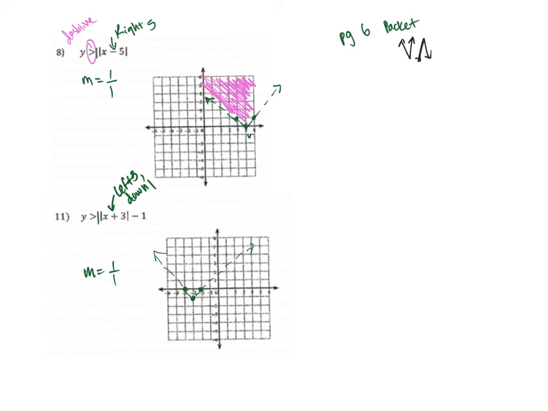And then, okay, so this inequality didn't have an equal sign, so that's why we made a dash line. And it says y is greater than this function. So if it's greater, I'm going to be shading above as well. Shading above this absolute value line because I want positive y values if it's greater than.